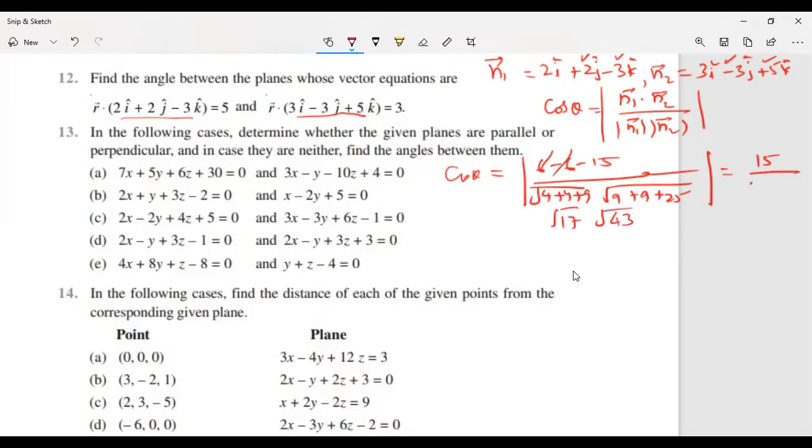They will not cancel. When you multiply, under root 731 will come. Therefore the angle between the planes is equal to cos inverse 15 upon under root 731. Okay, this is an acute angle, as I told you before also.